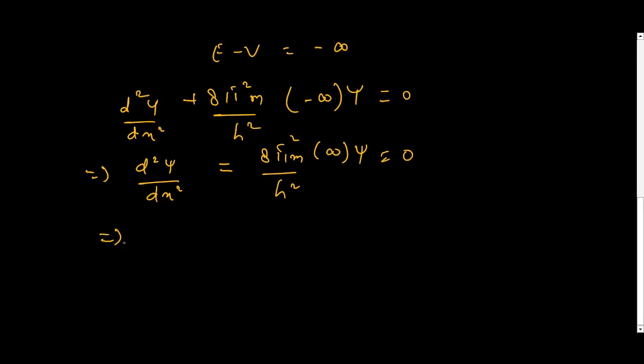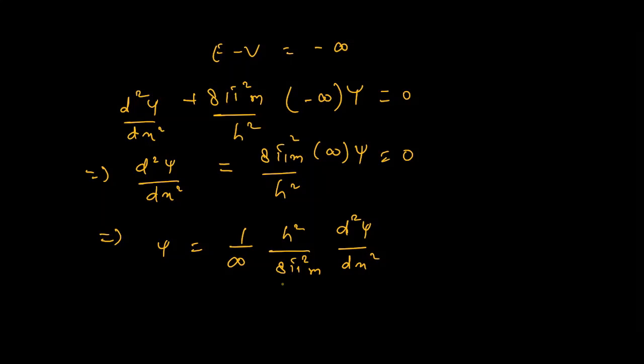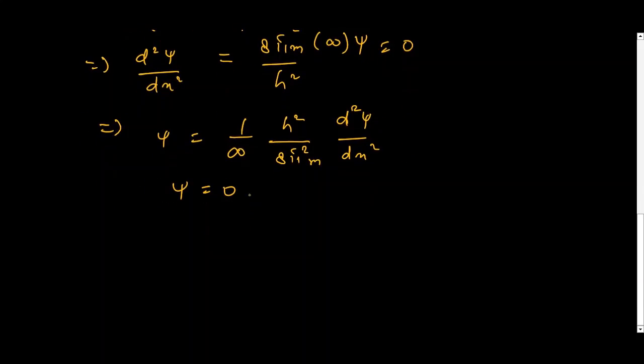Rearranging this, we get psi is equal to 1 by infinity into h square upon 8 pi square m into d square psi upon dx square. So from here we get psi is equal to 0, as we have infinity in the denominator.